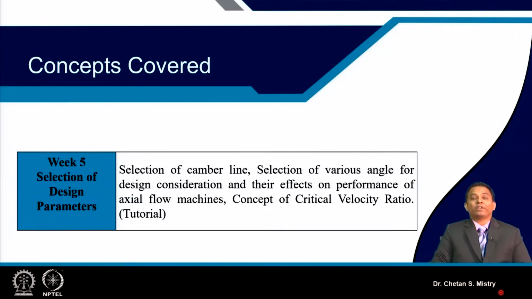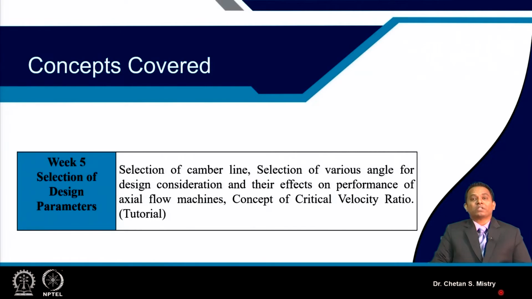We have learned so many things up till now. In the last session we discussed how we select the camber line based on the flow angles we have calculated at the entry and exit, and as per our requirement we can modify the blade to blade passage by selecting different kinds of camber lines.